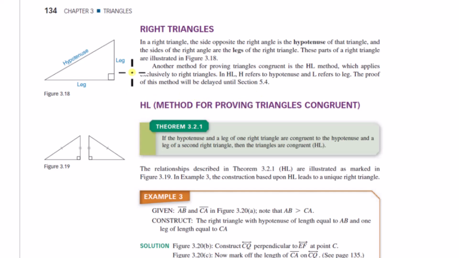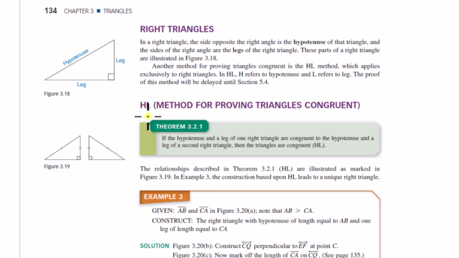So we saw in some of the example problems in the previous section that if you could prove that the two legs of a right triangle were congruent to the two legs of another right triangle, then that proved the two triangles were congruent because you had side-angle-side. Since it's a right triangle, you know the 90-degree angles are congruent, if you're comparing two right triangles. And so if you know the two legs are congruent, then you have that side-angle-side congruence.